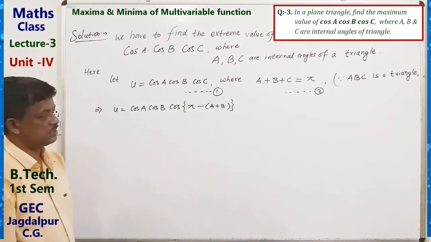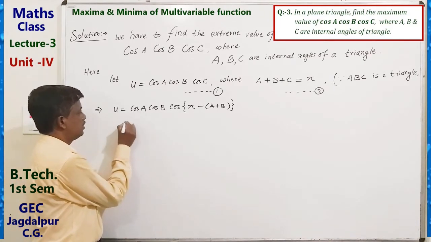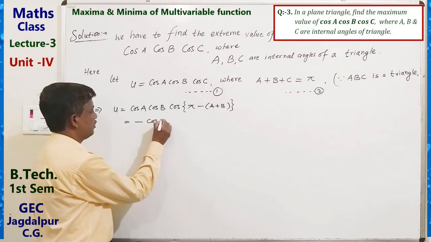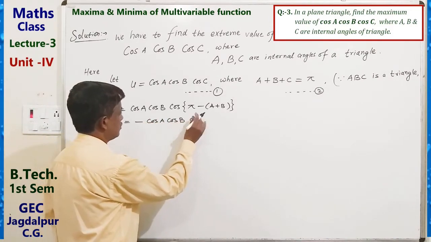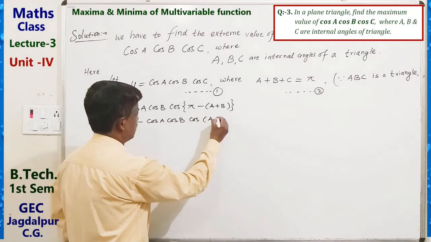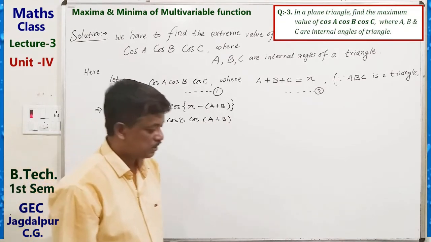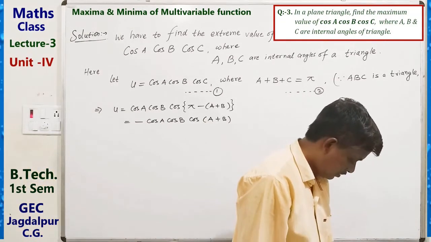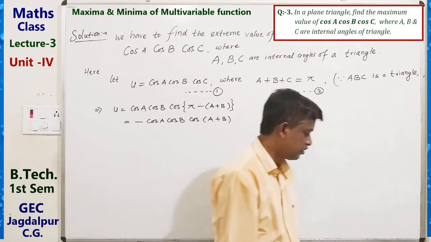Cos of pi minus theta equals minus cos theta, so we can write minus cos A cos B cos of (A plus B).